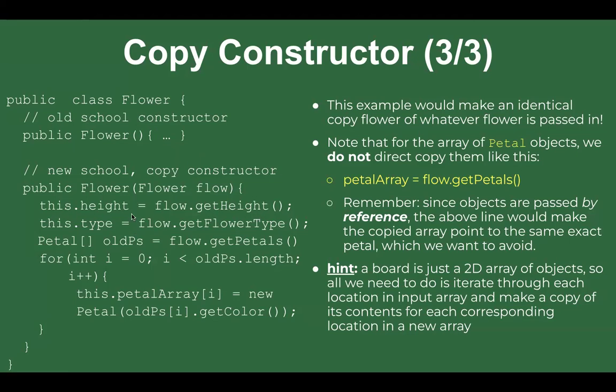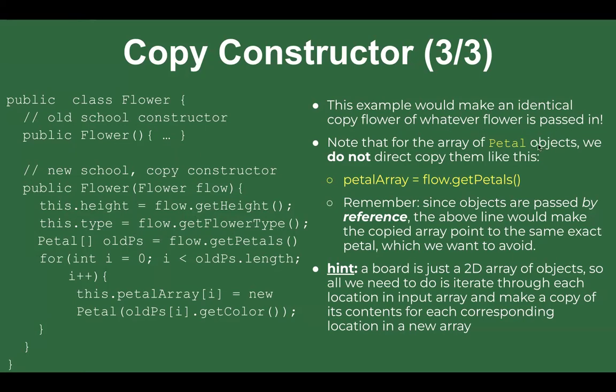So we're just doing this.height equals flow.getHeight, this.type equals flow.getFlowerType. This ensures that in both game states, we have the same info. This example would make an identical copy Flower of whatever flower is passed in.